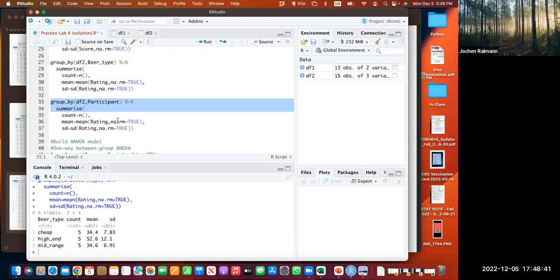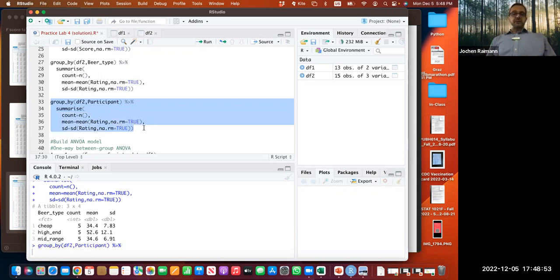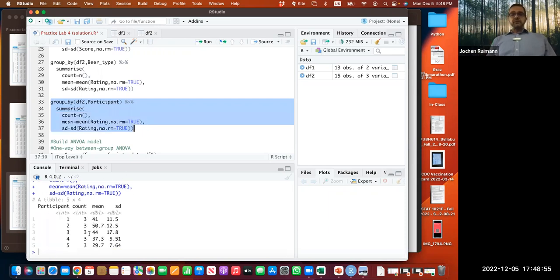And I want the rating standard deviation, which we have here. So that's a summarization code, right? Yes, 33 to 37 gives you a summarization for the participant.